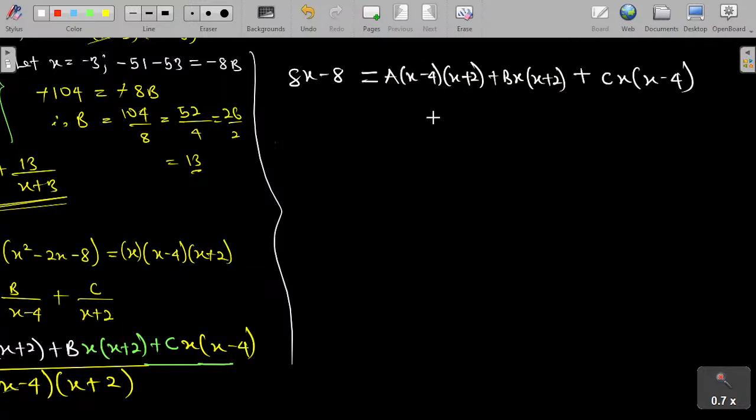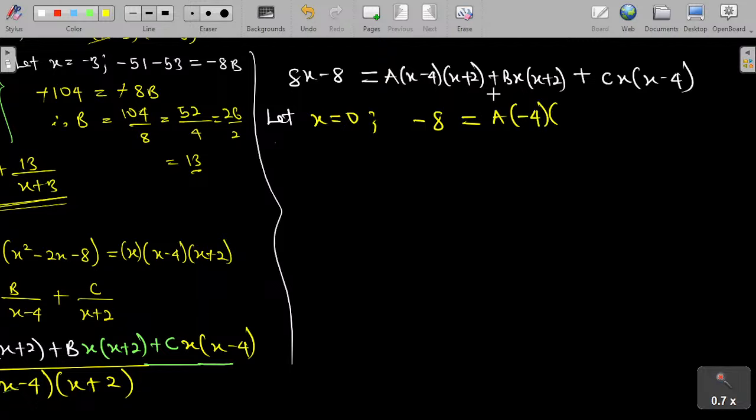To get our a, we can try to eliminate b and c, and to eliminate b and c, all we need to do is look for a value of x that will cancel them. If we just make x equal to 0, it will do that for us, because it will multiply your b and c to get them to 0. Let 0 multiply 8, you have 0, so you just have minus 8 here, equal to, on the right hand side, if I put x as 0 here, I will have minus 4.